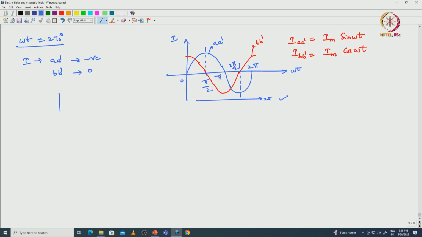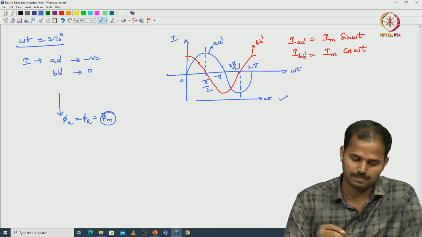So, only phi a will be there, that is in reverse with respect to the reverse current, right. So, the flux vector with respect to our reference is reversed now. Phi a is nothing but resultant flux vector phi r, that magnitude is phi m. Since we have reversed the vector, so the minus will be covered accordingly.